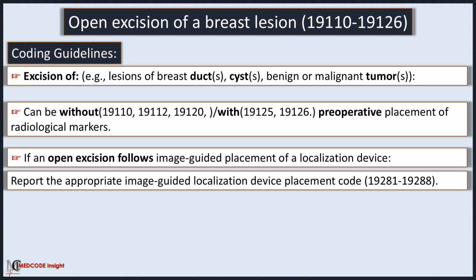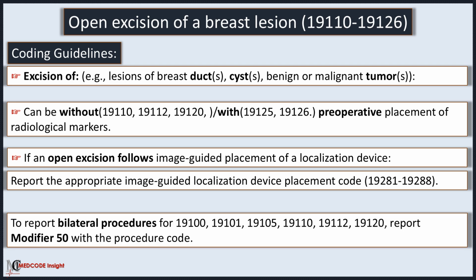If an open excision of a breast lesion is performed after image-guided placement of a localization device, the appropriate image-guided localization device placement code from 19281 to 19288 may also be reported. To report bilateral procedures for the given code, report modifier 50 with the procedure code.